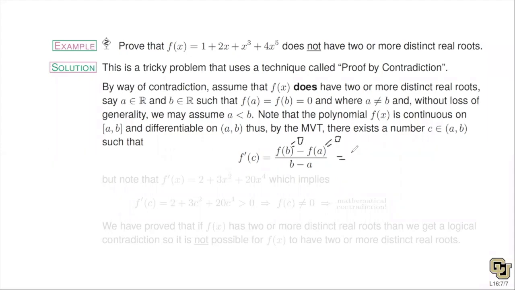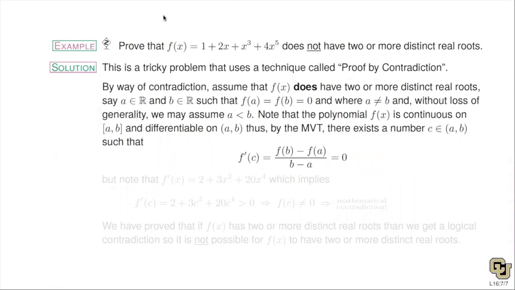So here I have 0 minus 0 divided by b minus a. And b is not equal to a, so b minus a is not 0, so that's well defined. So this whole thing equals 0. And so that's what I have here: f prime of c equals f of b minus f of a over b minus a, which equals 0.